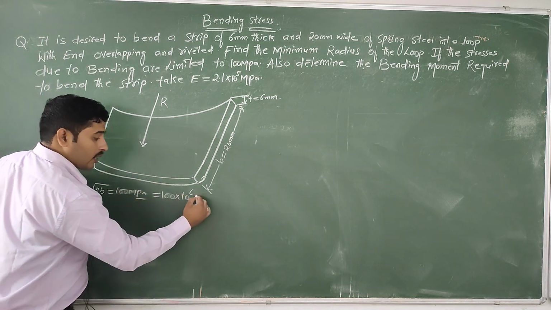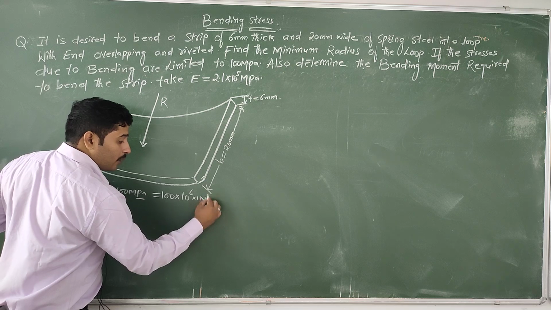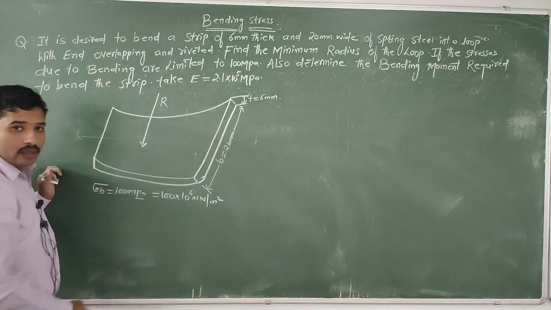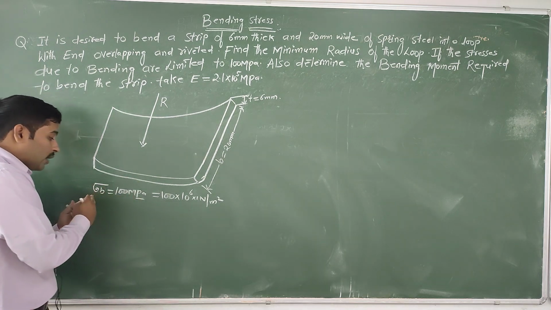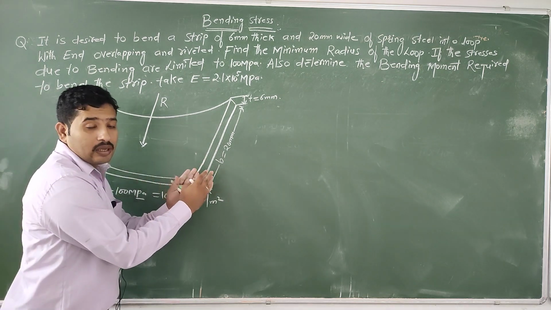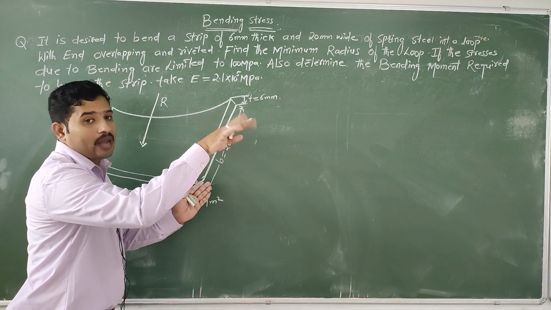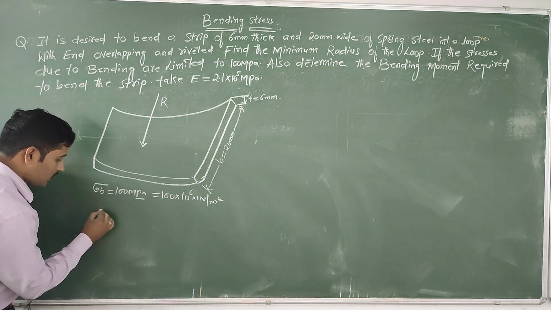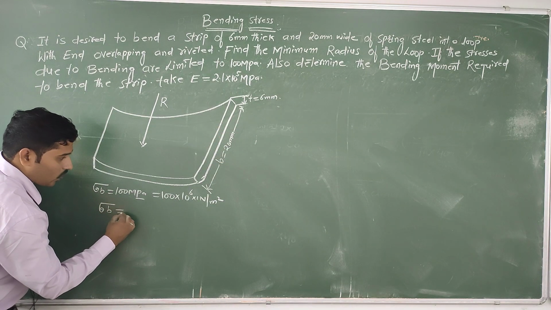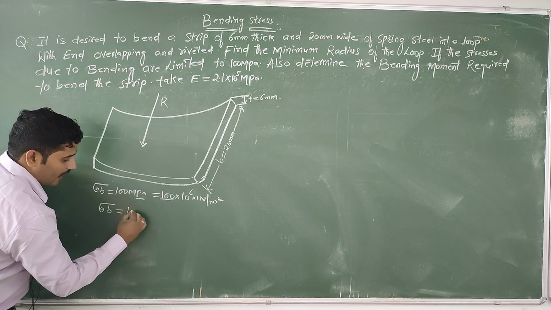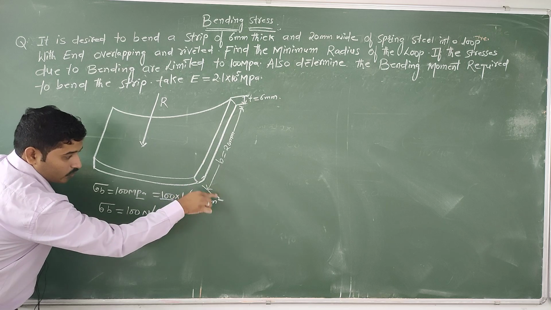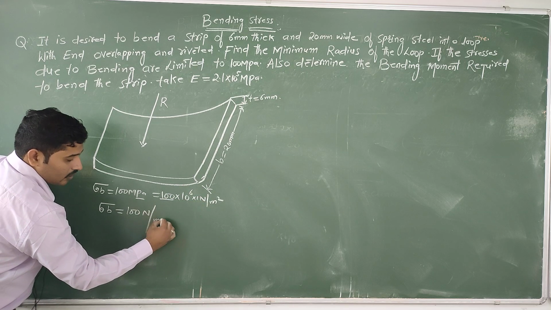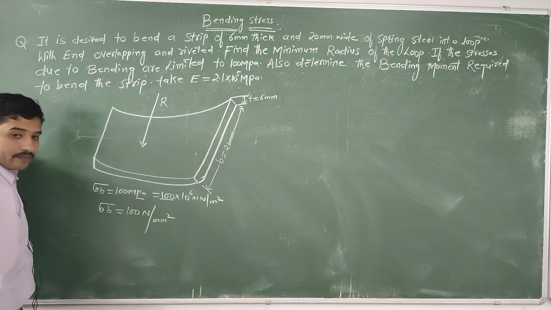But we want to convert the bending stress into Newton per mm square. So sigma b equal to 100 Newton per mm square.